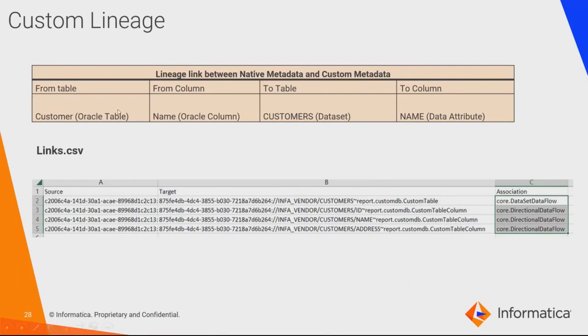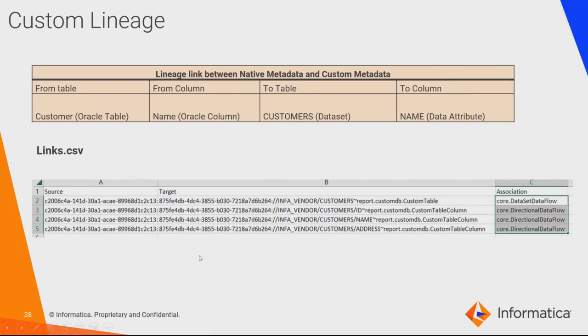In this scenario, we have taken an Oracle table and column, and we connect them using custom lineage to the custom data set and a data attribute created as part of this demo. To achieve this, we need to prepare a links.csv file, upload it to a custom scanner in MCC, run it, and then you can see the lineage.